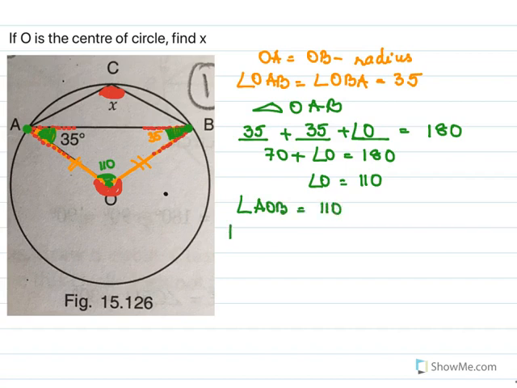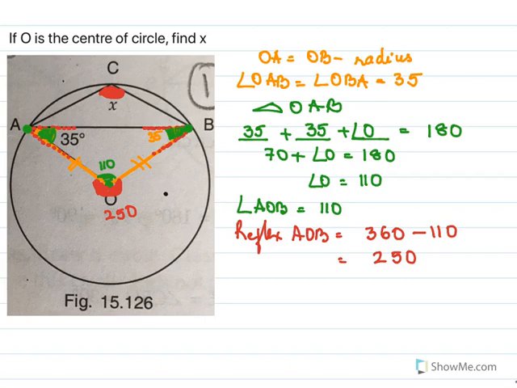Therefore reflex AOB will be 360 minus 110, and that is 250. So this angle will be 250. This full angle will be now 250, 360 minus 110. And x will be half of 250.